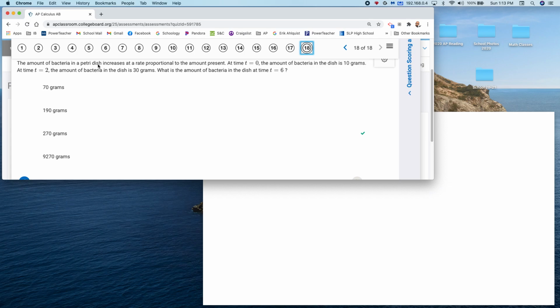And so what I'm going to tell you is similar. The amount of bacteria in the petri dish increases at a rate proportional to the amount present. What that means is the amount in a thing increases at a rate proportional to the amount present.